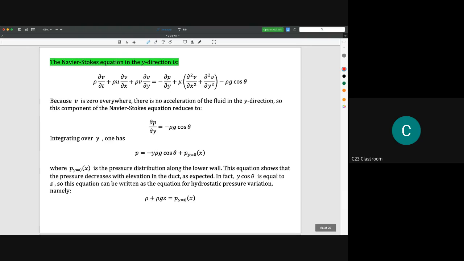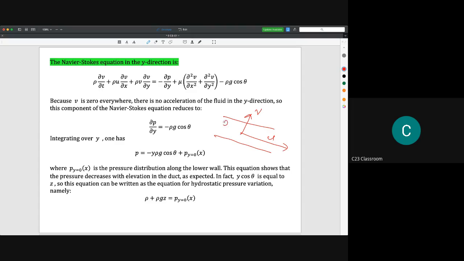Okay, and then because our system is inclined at a certain degree, we need to evaluate it using the y direction and also the x direction. So we go with the y direction first. Because v is 0, so we have a flow here. Let's say this is u and we have v here.